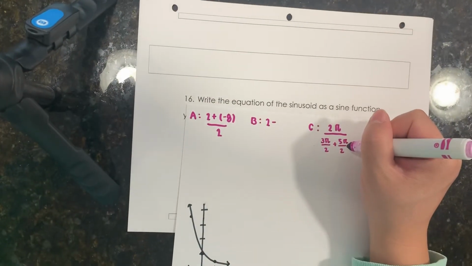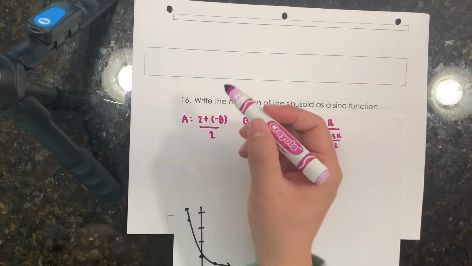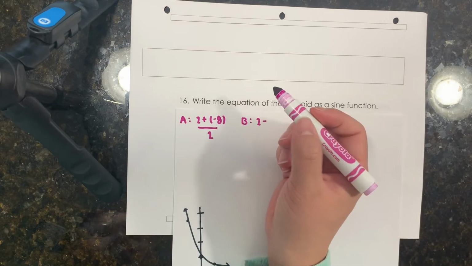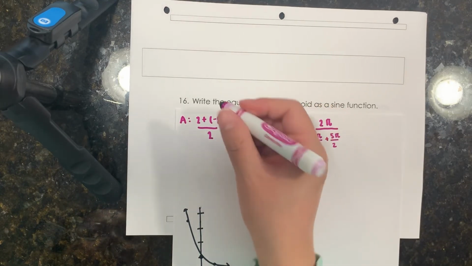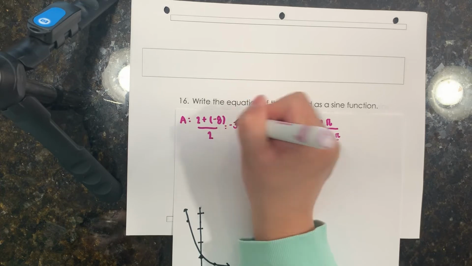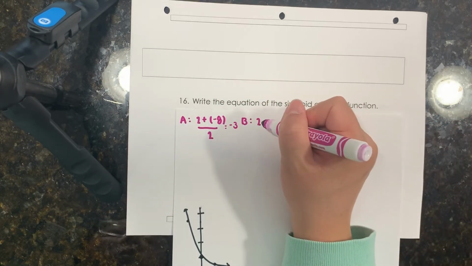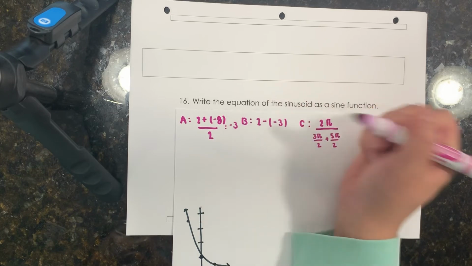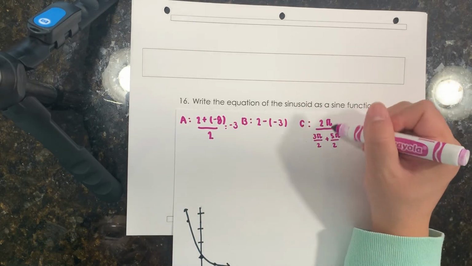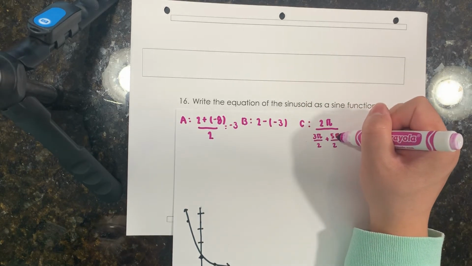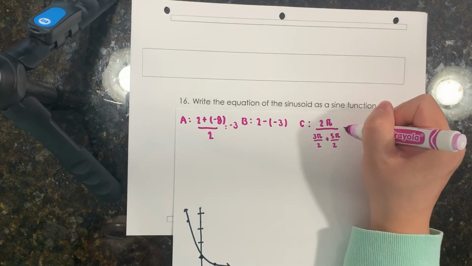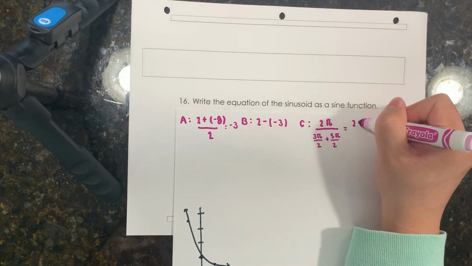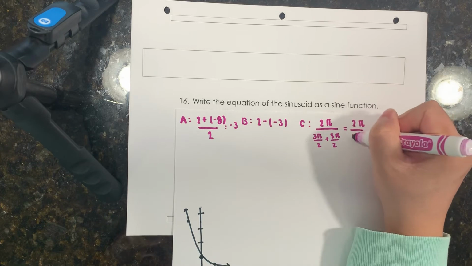Now if you look at what I have so far, I have top plus bottom divided by 2. That would be negative 6 divided by 2, which is negative 3. And then for the amplitude, it's top minus the middle, which would be 2 minus negative 3. Then if I do 3 pi plus 5 pi, that's 8 pi. So 8 pi divided by 2 is 4 pi. So 2 pi divided by 4 pi.